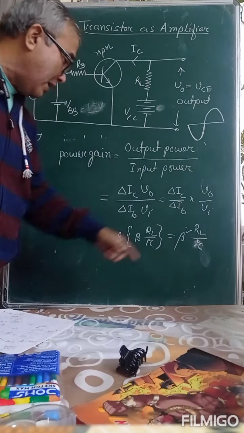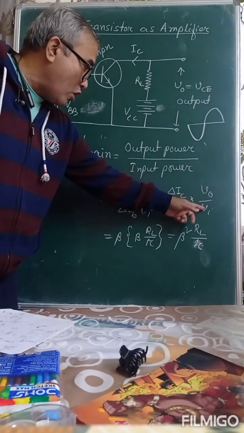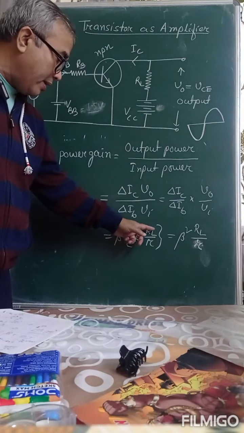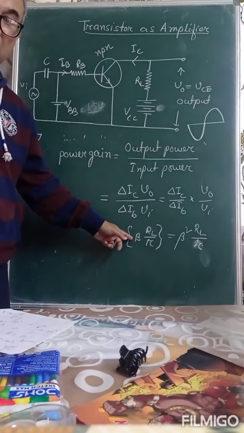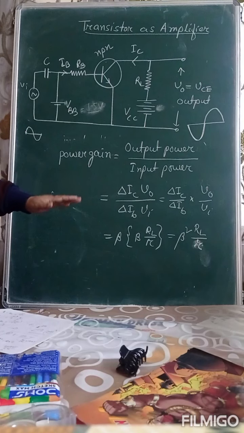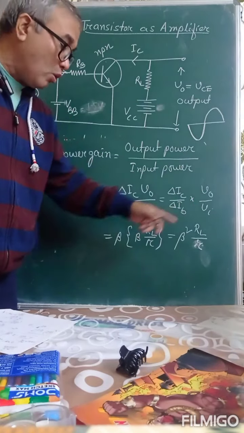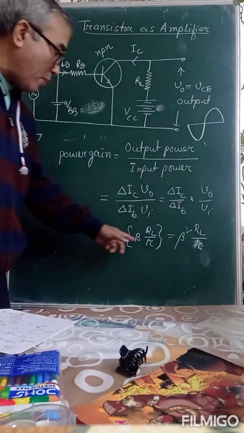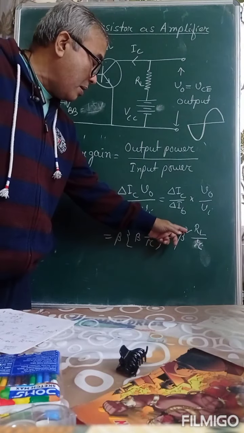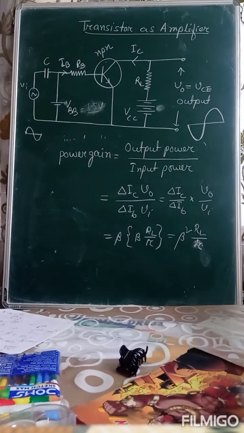So it will be written as delta IC by delta IB, which is beta, times V0 by VI, which is beta, into RL by R. Here there is a negative sign; I have omitted the negative sign to derive the power gain. I have taken the magnitude of the voltage gain. Therefore, the final expression of power gain is beta square into RL by R. Is it clear?